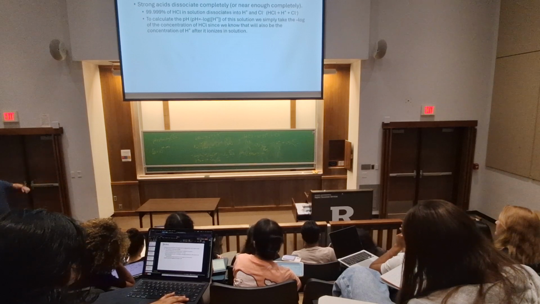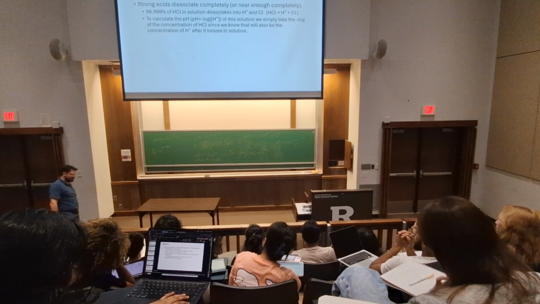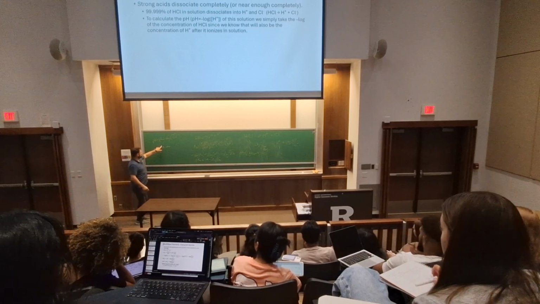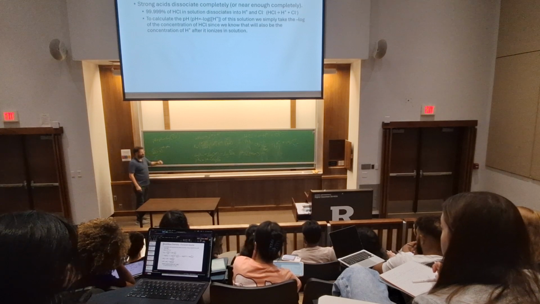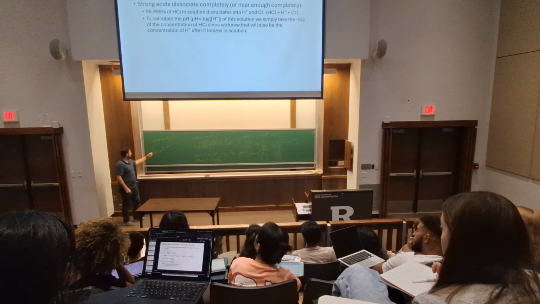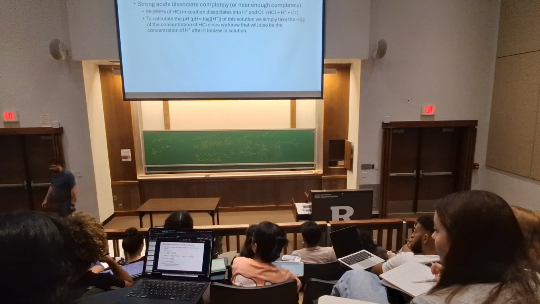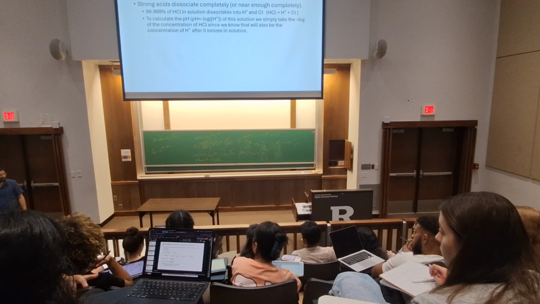The pKa of the proton on acetic acid is 4.75, so let's say the pH is 4.75. So 4.75 minus 4.75 is 0. 10 to the 0 is 1. So A minus over HA is 1. What does that tell you about A minus and HA? They're equal. They're the same.